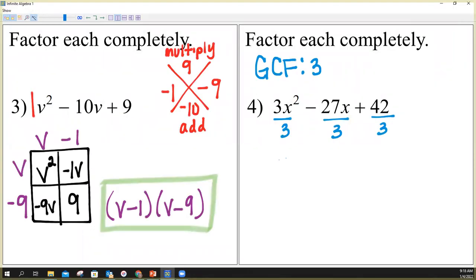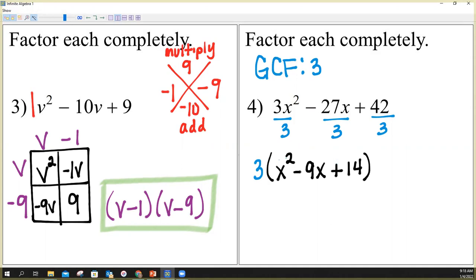When you divide it by 3, that 3 comes out, and you're left with x squared minus 9x. And now let's take 42 divided by 3, and we get 14.